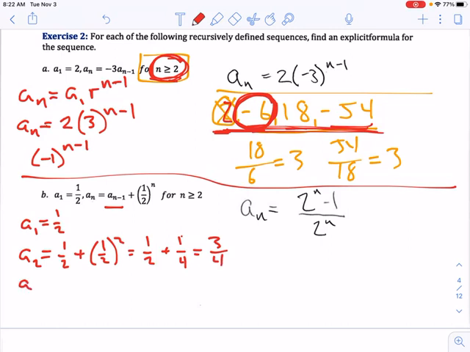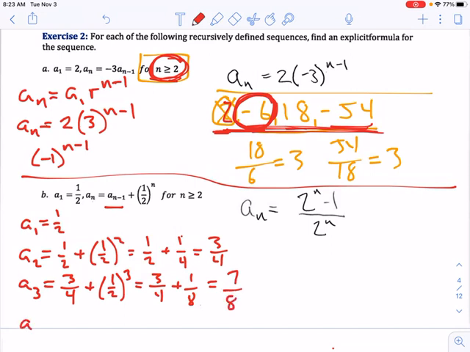A sub 3 is going to be 3/4, the term before it, plus 1/2 cubed, which is 3/4 plus 1/8, which is 7/8.